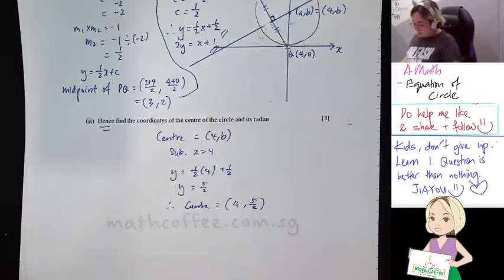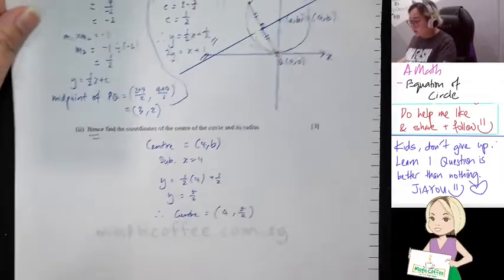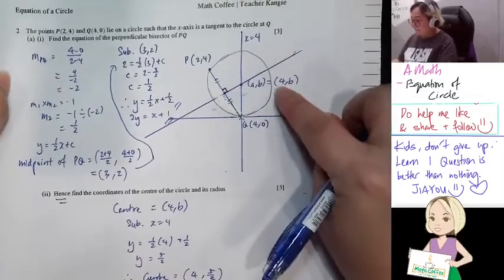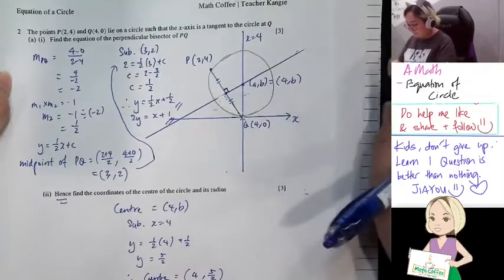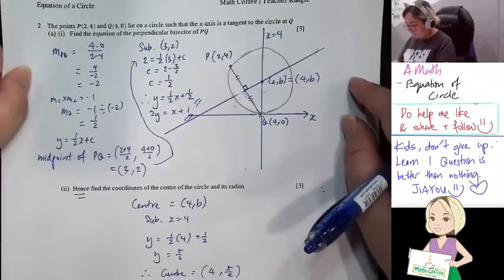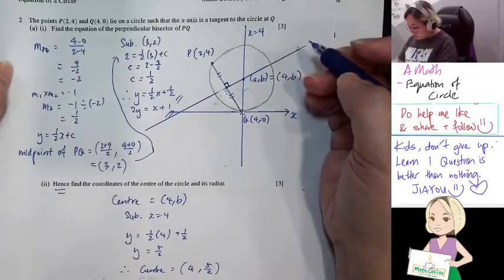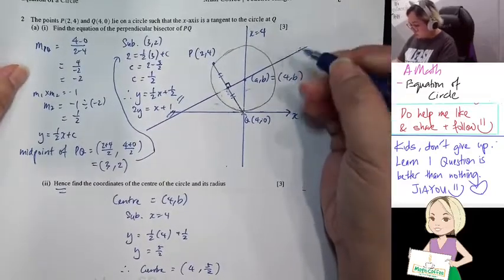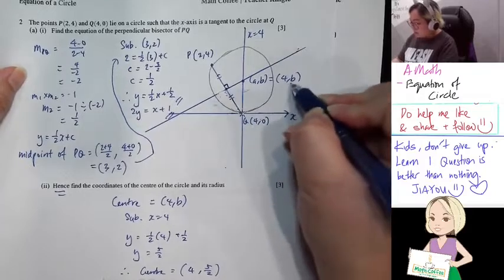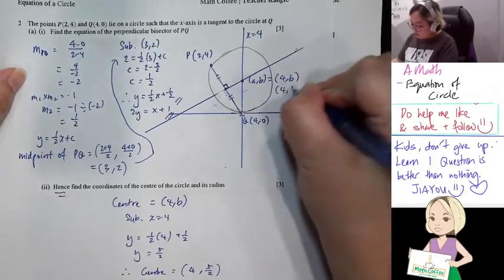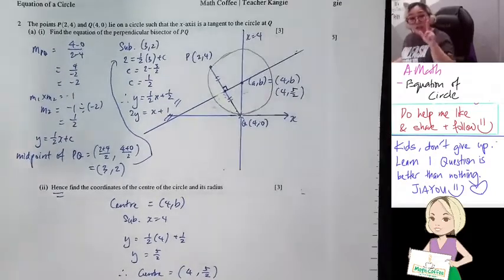How about the radius? So actually, I don't even have to work out the radius. See here, so for 4b, I'm going to update. So now it becomes (4, 5 over 2). So actually, look at this, my radius.